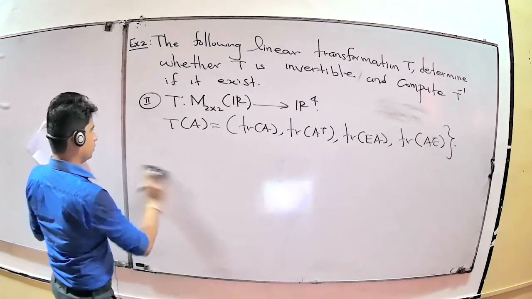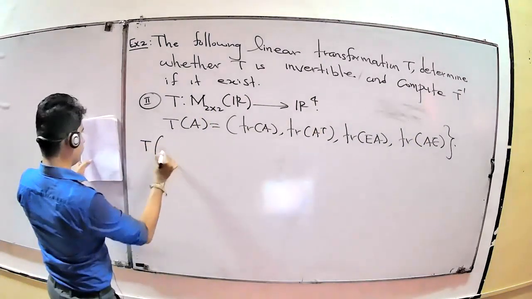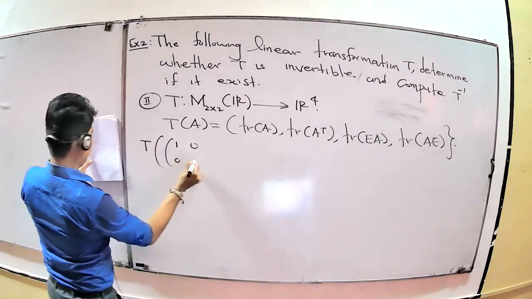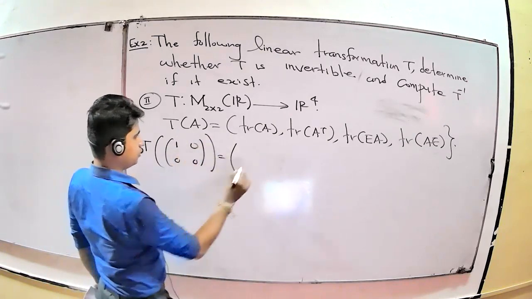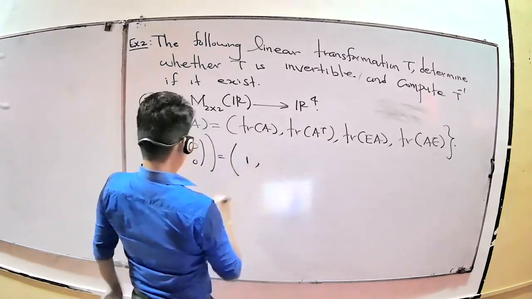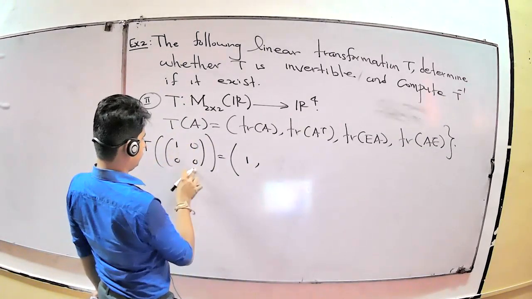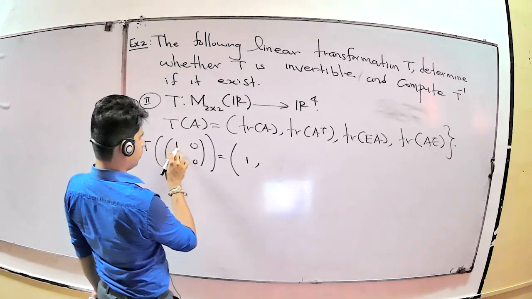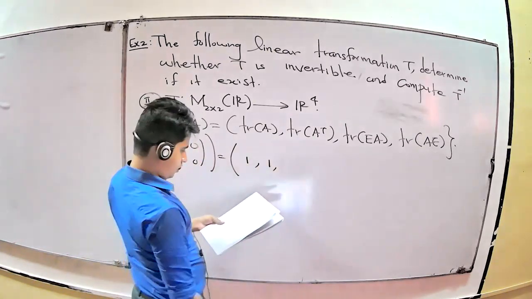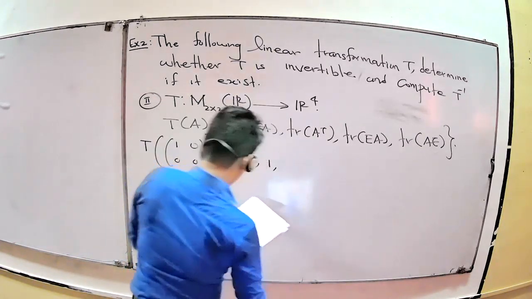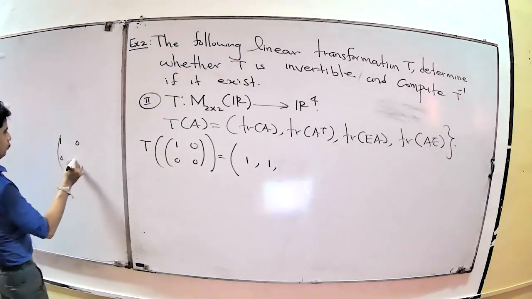To calculate the representation matrix, we will do that part. T of 1 0 0 0, right? Trace of A means you want to add these two diagonal elements, 1. Here trace of A transpose is again equal to A, because here A 0, again A 0. Therefore T transpose trace is 1 plus 0, 1. Okay, you know EA means for I2 first E, this one 1 0 0 1.